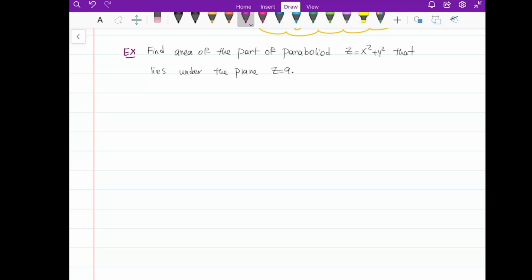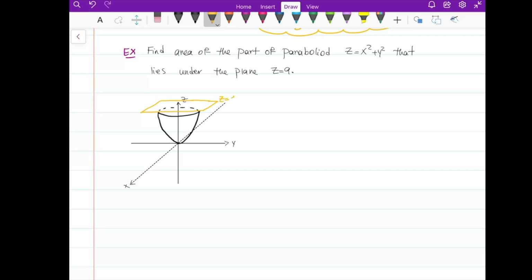Okay, so let me try and graph it. X-axis, y-axis, and then z-axis. We have a paraboloid like this, z equals x squared plus y squared, and we have a plane on top like this.